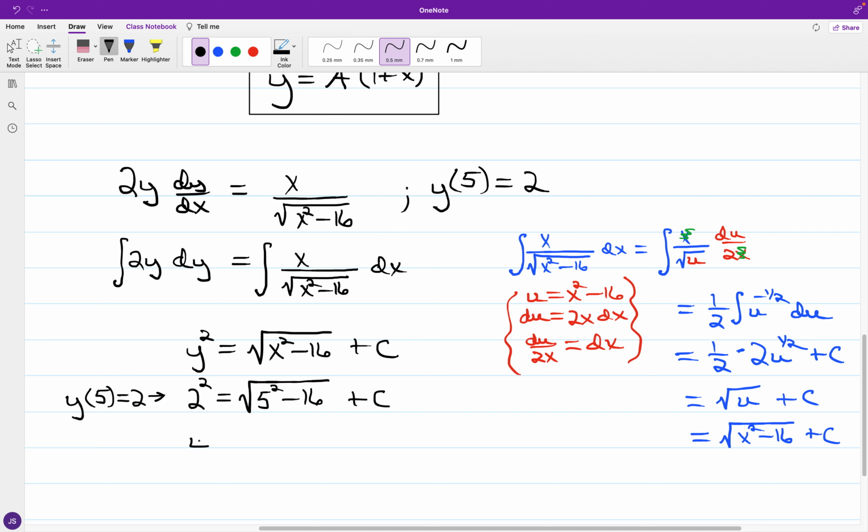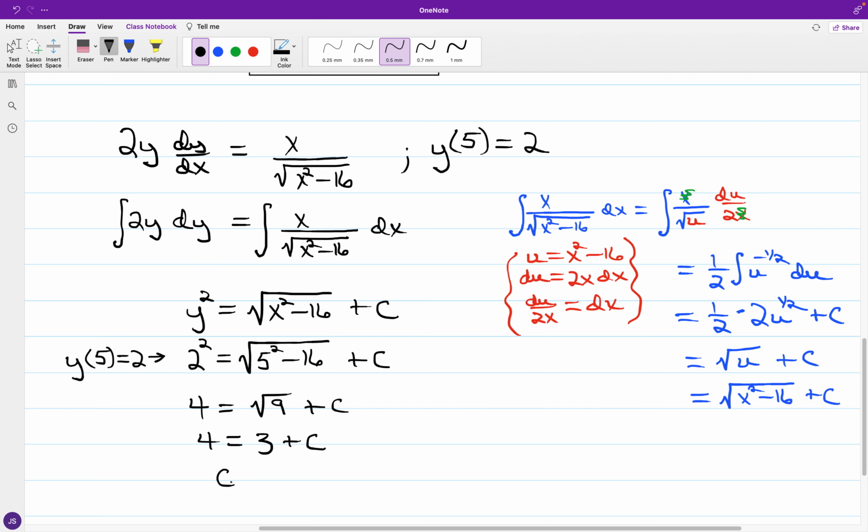So we have 4 equal to 3 plus c, and it follows that the value of the constant will be 1.